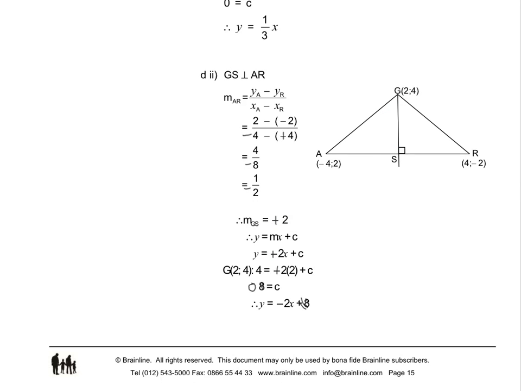Then we can also use point G, which is part of this line, to substitute the x with 2 and the y with 4 in order to solve C. 2 times 2 is 4, and when we subtract it on the left-hand side, 4 minus 4 is 0. And therefore, the equation of the perpendicular line is y equal to minus 2x with no C value.